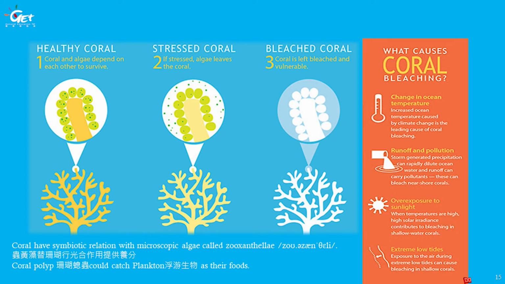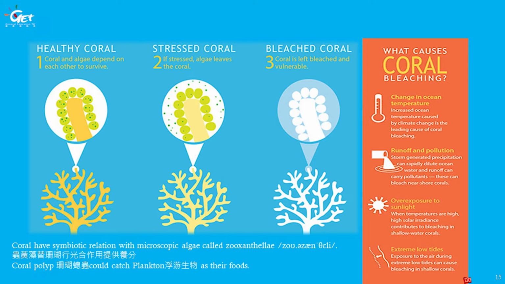The other picture shows you: if this is a healthy coral, they have a color and the algae live inside. If the conditions go bad, they will eject this algae and turn white.